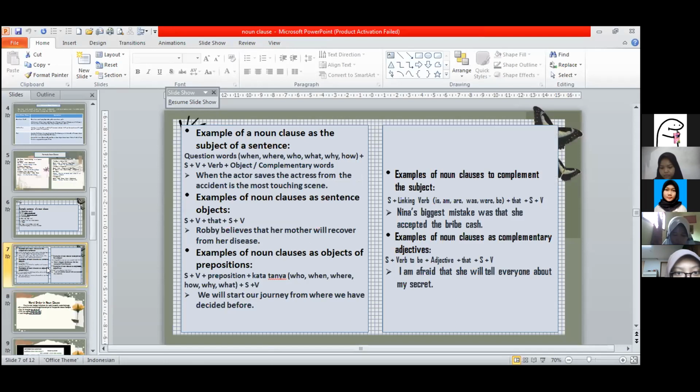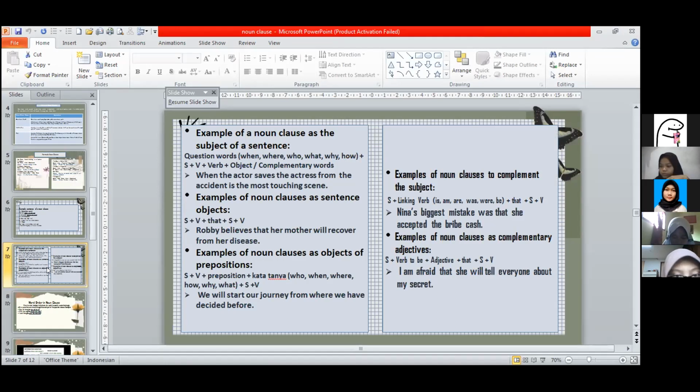Example of noun clause as the subject of sentence. When the actor saved the actress from the accident is the most touching scene. Here we use formula question word, that is when plus subject plus verb plus object or complementary words.